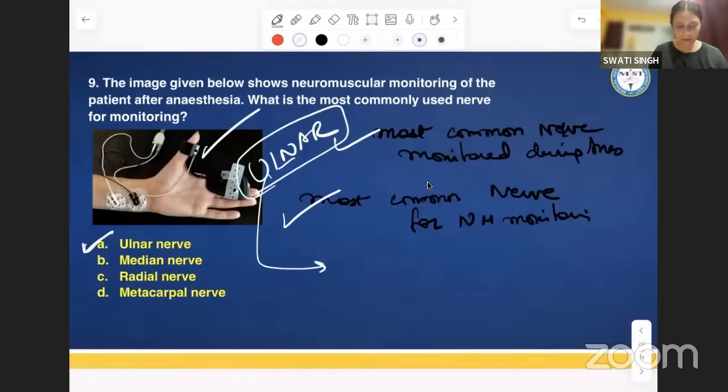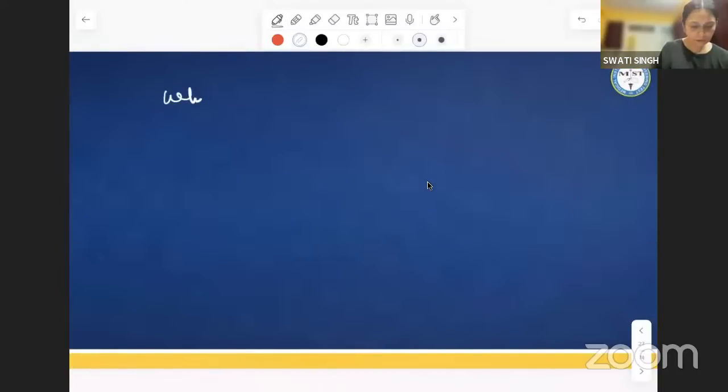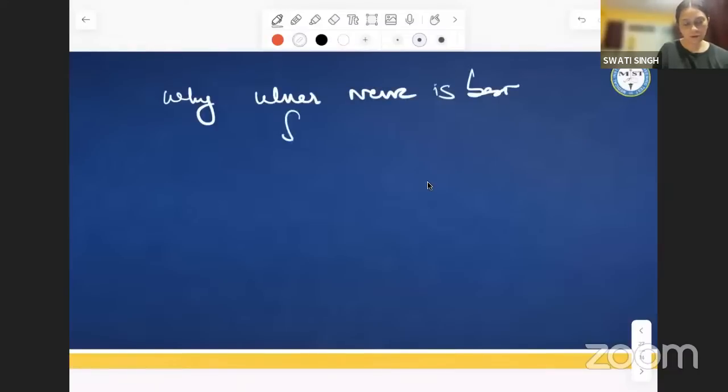Why is the ulnar nerve best for monitoring? Number one, because it is easily accessible.